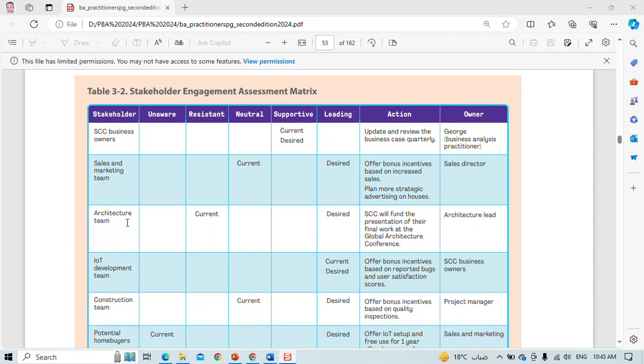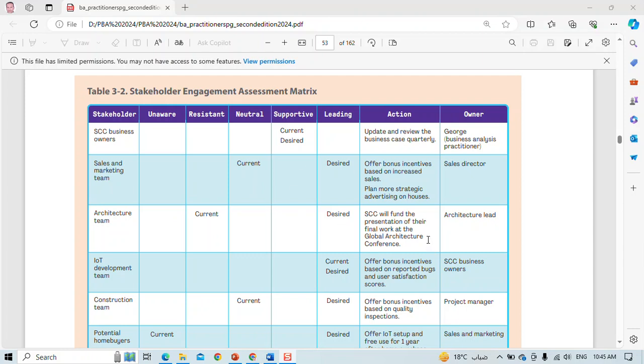The next example is the architecture team, who are resistant because they resist remodeling the existing houses, since it will take more time and more effort from them. But we hope to make them leading. So the desired engagement level will be leading.